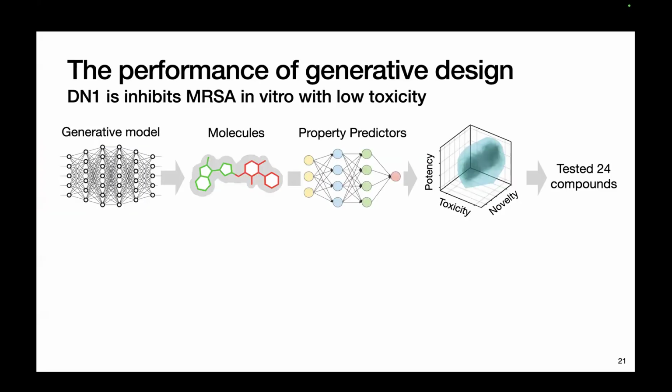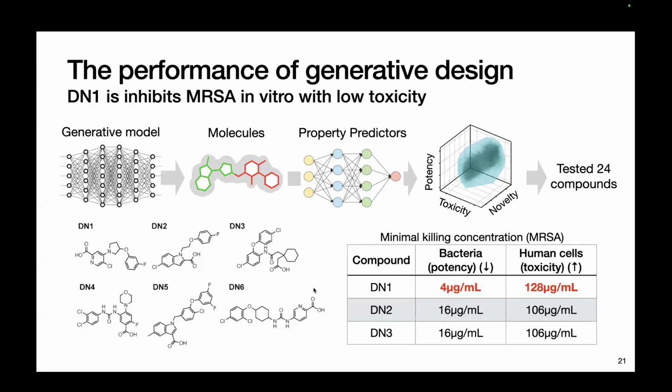So here we also did a similar campaign, right? We trained the model using a different data set collected for MRSA, and we generated and tested the top 24 compounds selected from this generative model. These are the compound structures of these six designed compounds, right?